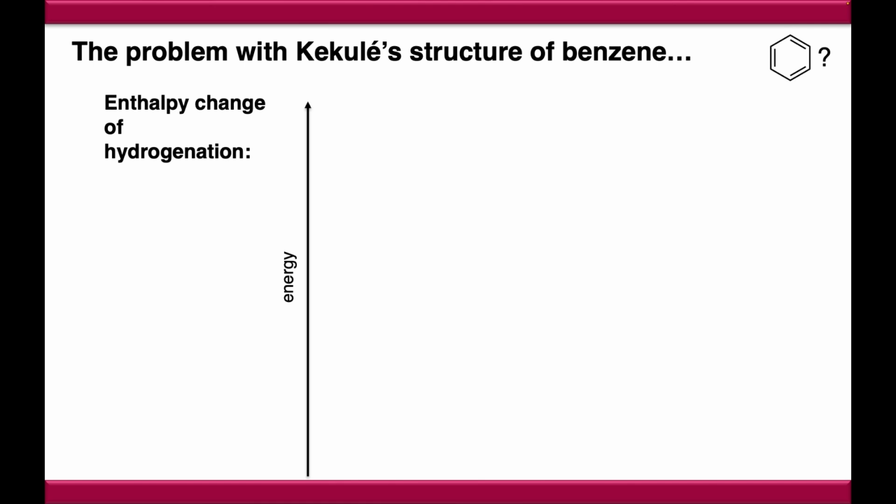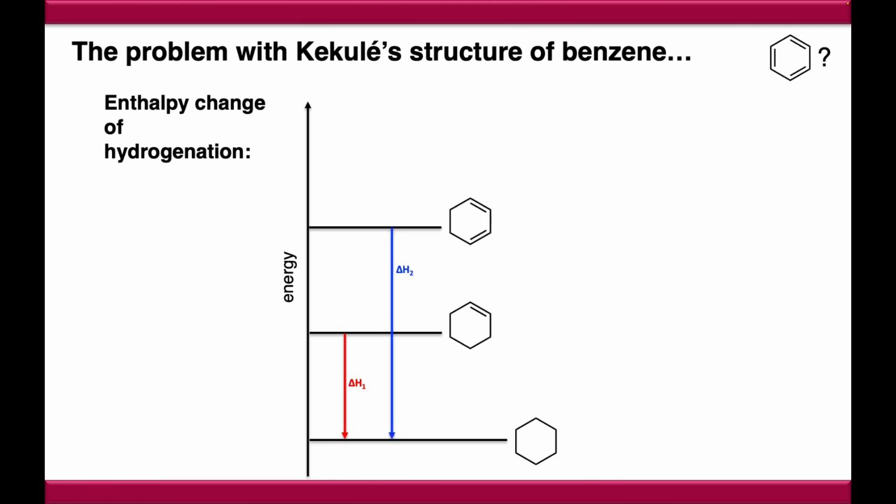Another thing that we noticed about benzene is if you take the enthalpy change of hydrogenation, so various alkenes being hydrogenated down to the level of cyclohexane. So cyclohexene down to cyclohexane has a certain enthalpy change for that hydrogenation reaction, so the energy that's released when that double bond is hydrogenated. If you have cyclohexadiene, you would expect the delta H to be almost exactly twice as big because you're hydrogenating two alkenes, right?